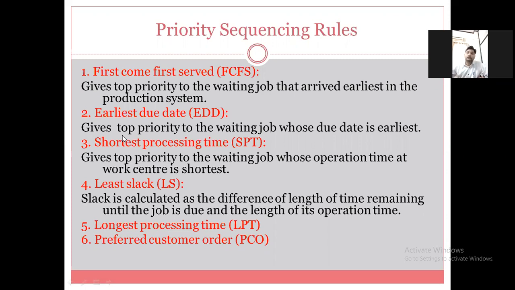Then in some cases you can provide the highest priority to the job which has the shortest processing time. Shortest processing time, that is SPT, gives the top priority to the waiting job whose operation time at a work center is the shortest.